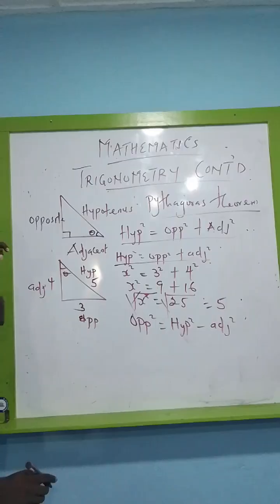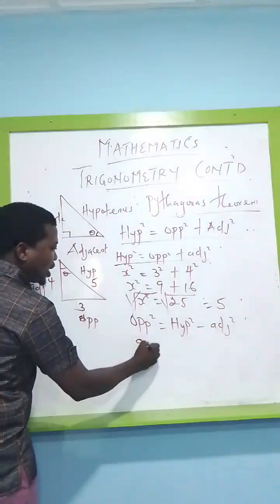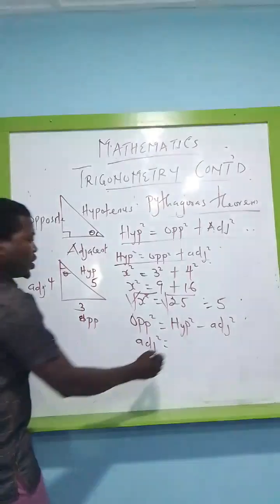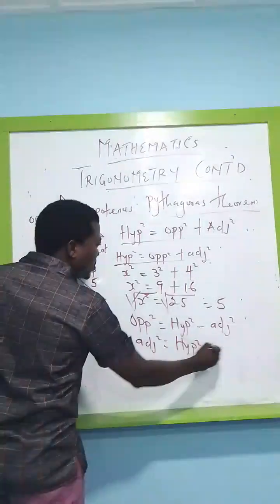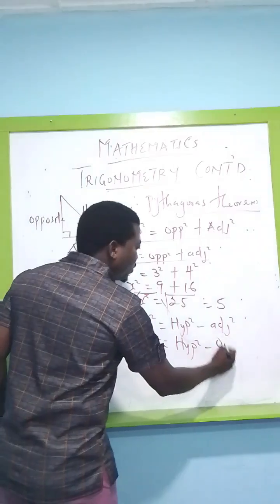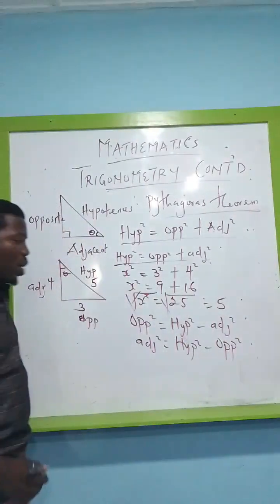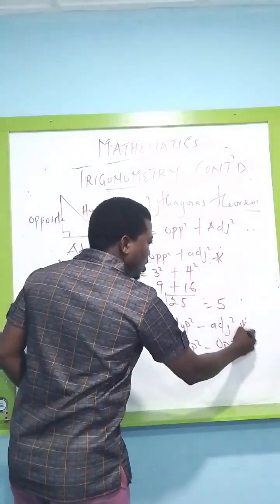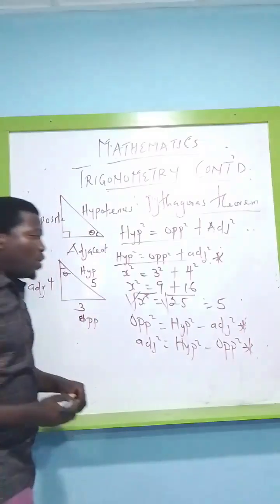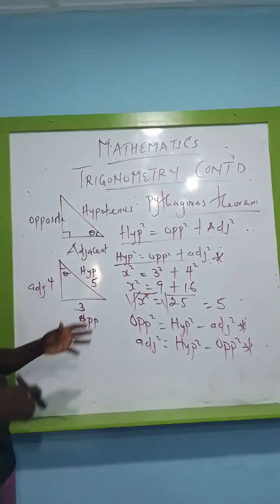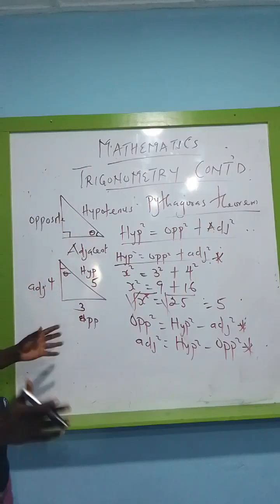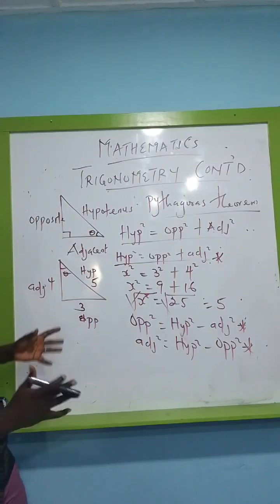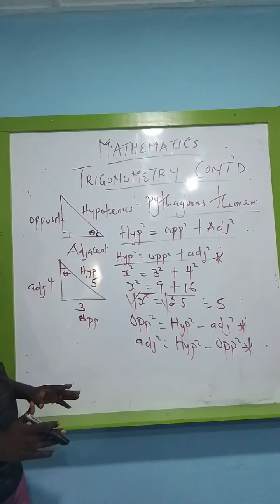If it is the adjacent we are looking for, the adjacent squared equals the hypotenuse squared minus the opposite squared. So these are ways of getting any of the three sides in a right angle triangle that is not given.